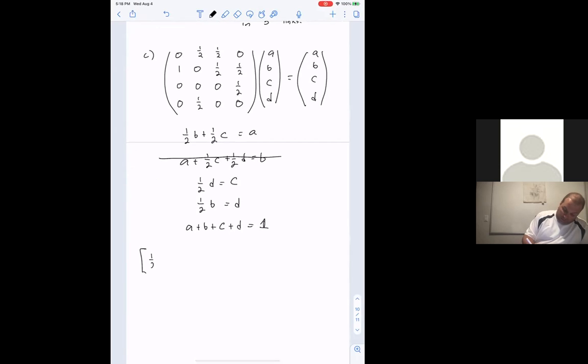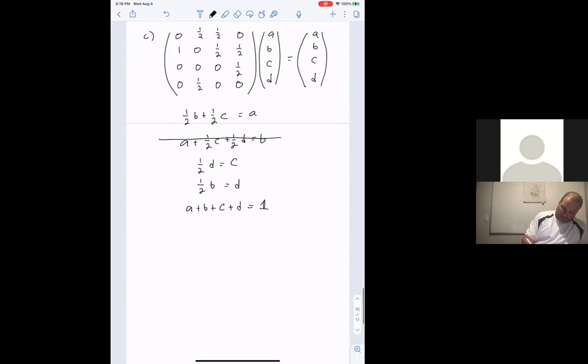Okay, so let's take a look. A, I'm going to replace with 1/2 B plus 1/2 C. B and C I'm going to keep for now. And D, I'm going to replace with 1/2 B. But this will give me an equation involving B's and C's. Yeah, screw that. Instead, let's go ahead and just do it the way we normally do it.